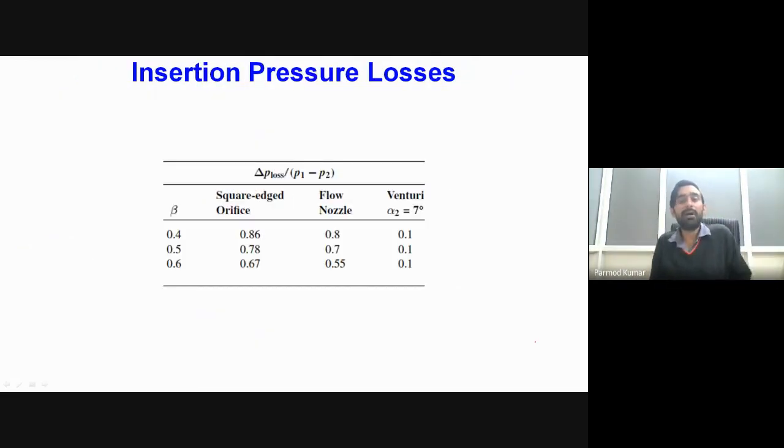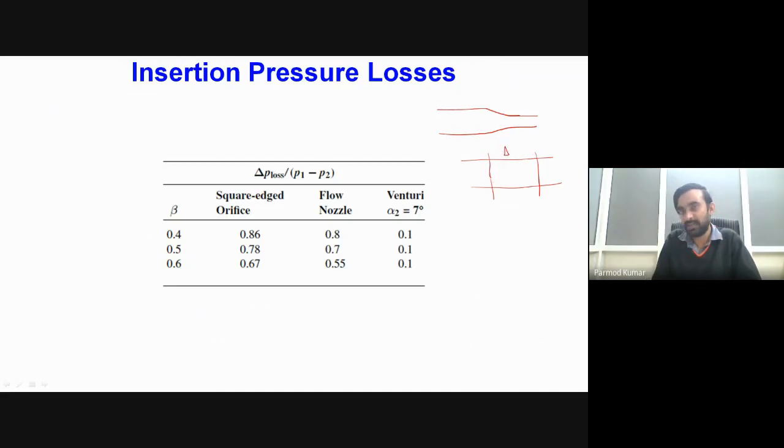Now, one important point I would like to highlight over here. When we create some obstruction in order to measure our flow, that obstruction leads to a certain pressure drop in our flow field. If we did not have any obstruction, there would still be a certain change of pressure.